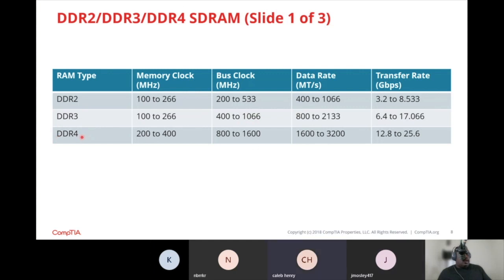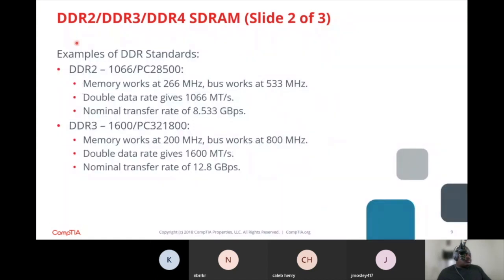Then you have DDR4, which is moving at 12.8 to 25.6 gigabits per second. So DDR2 1066, memory works at 266 megahertz. The bus speed works at 533.